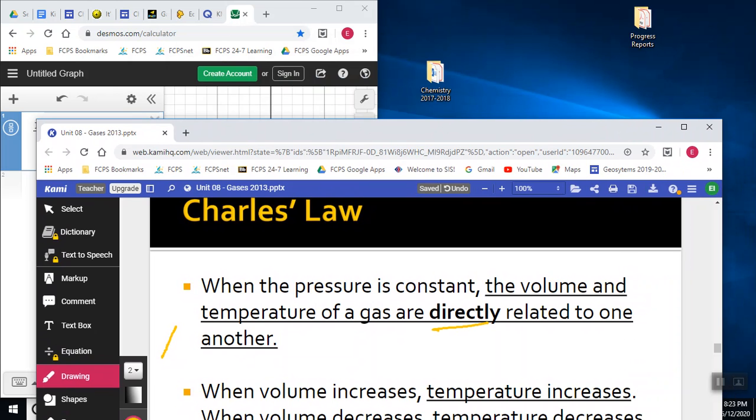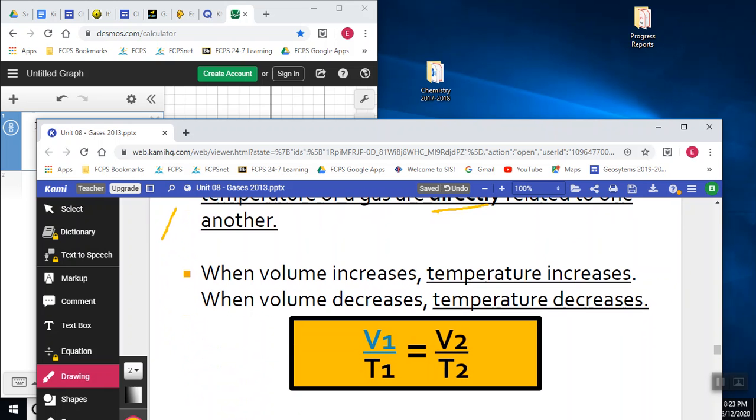All right, so that means when the volume goes up, the temperature goes up. If you heat up the gas, then it's going to spread out. The molecules spread out, you increase the volume. Or if I increase the volume, that is going to spread out the molecules, and so that is a lower kinetic energy.